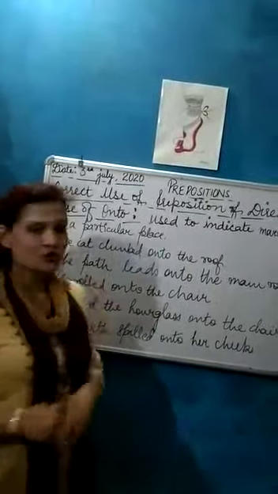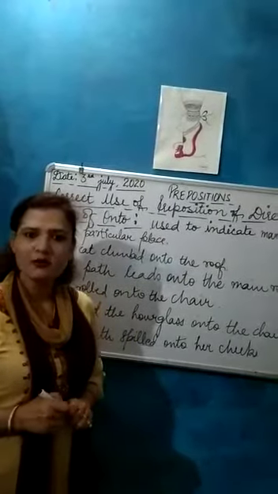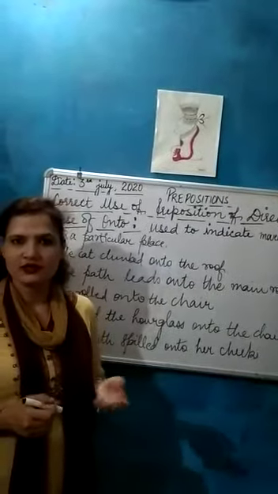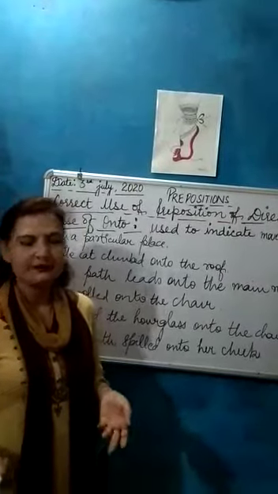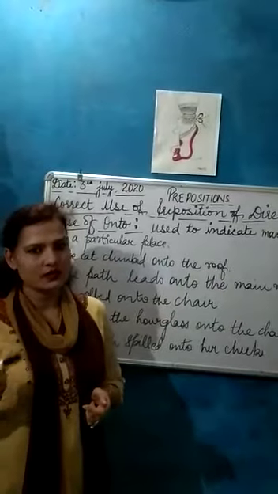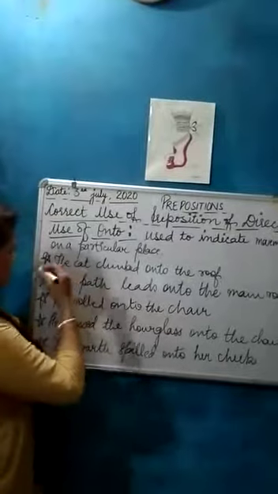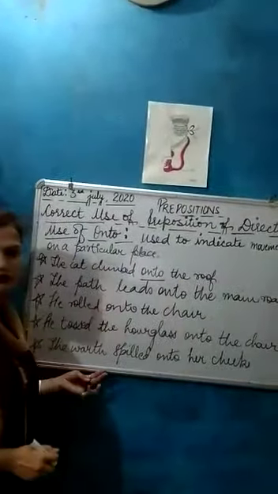Next is the use of onto. Onto is used to indicate movement on a particular place, usually with a verb. It also describes movement towards an end position along a road or a river. For example, the cat climbed onto the roof.